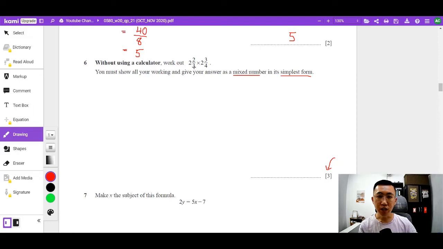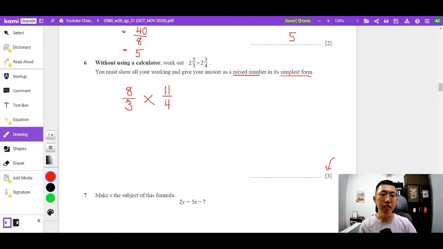Okay, so 2 times 3, 6 plus 2, that will be 8 over 3. Multiply. Okay, now change the mixed number, so 2 times 4, 8 plus 3, so that will be 11 over 4. Okay, so first mark is definitely here.